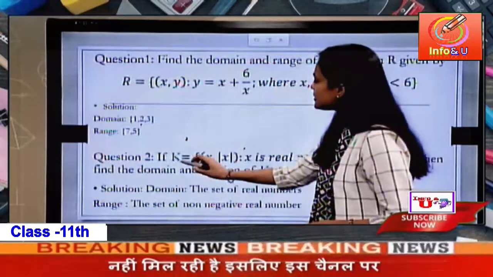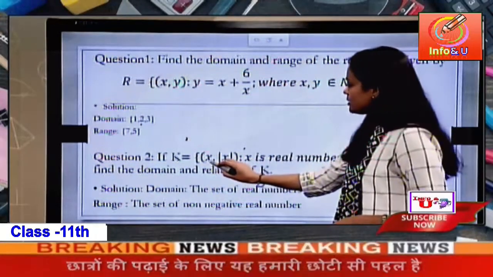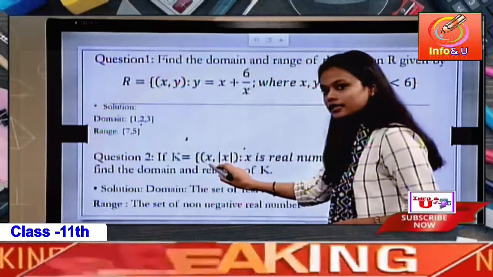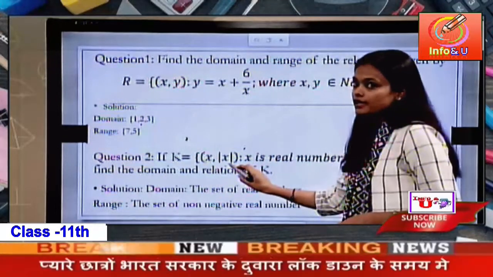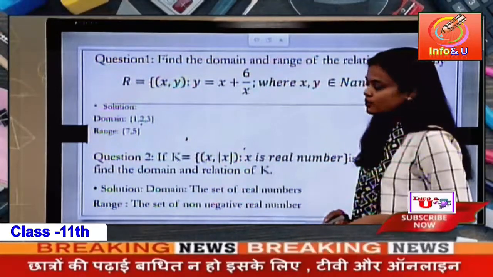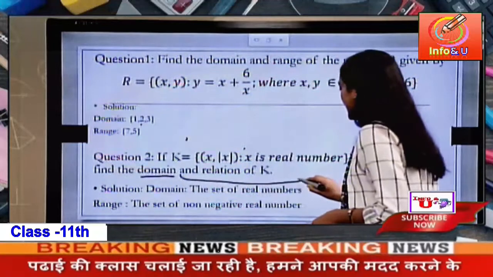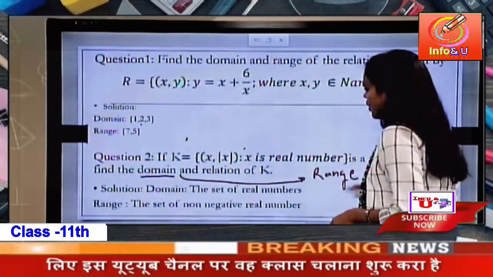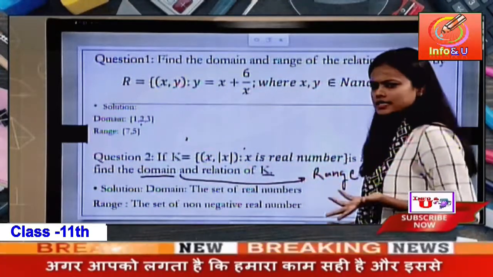In this, the relation K is given, where the elements are related as follows: if X is a real number, then the positive value of X, that is the modulus value of X, will be its image. In this, we have to find the domain and range of this relation K. Remember, very easy.